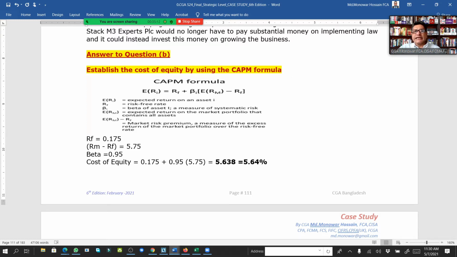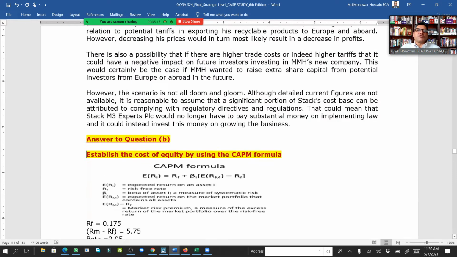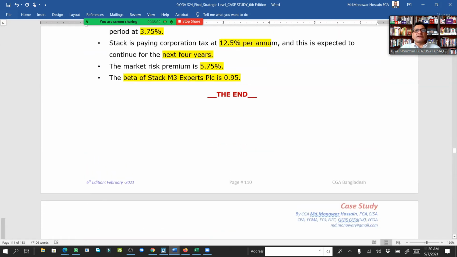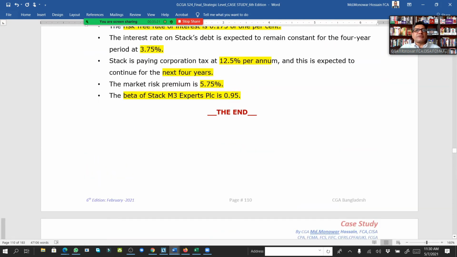Sometimes this market return minus risk-free rate of return is called the risk premium. That's why here the question says risk premium. This means market return minus risk-free rate of return equals risk premium.